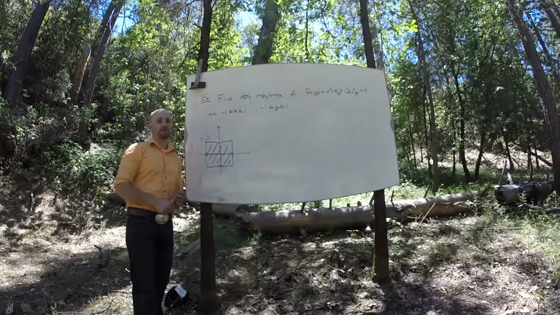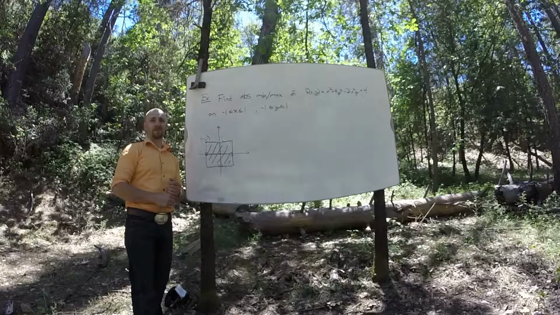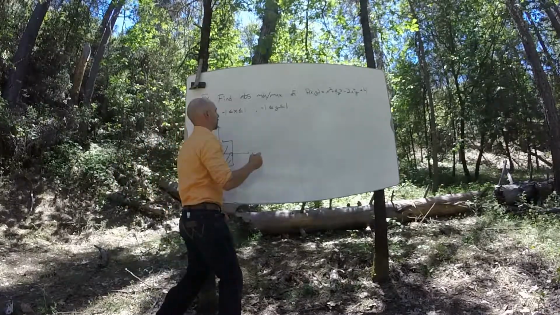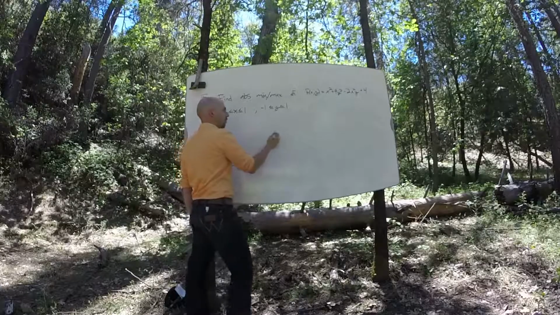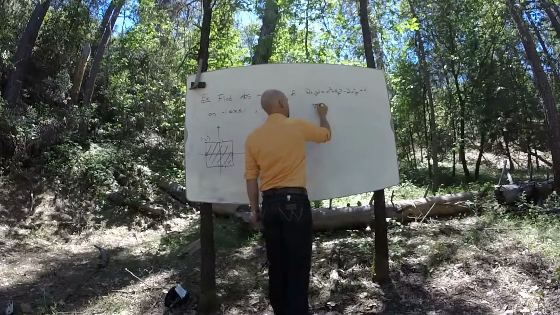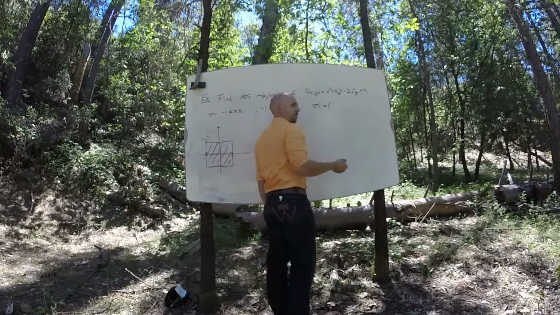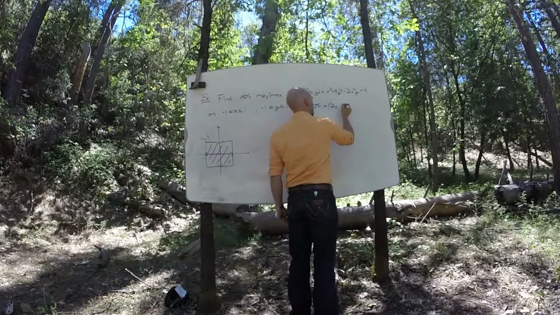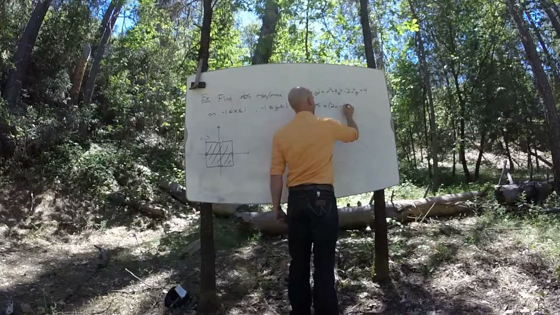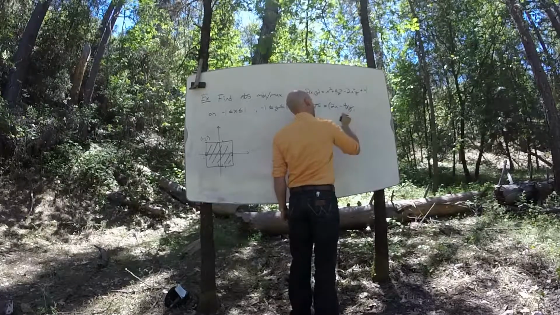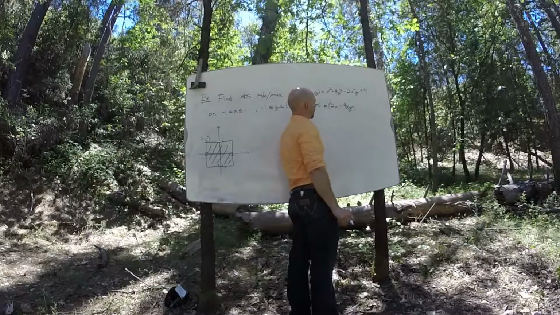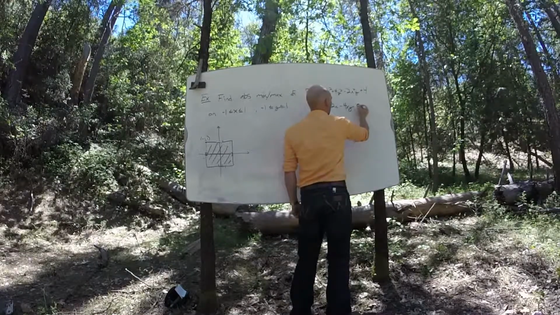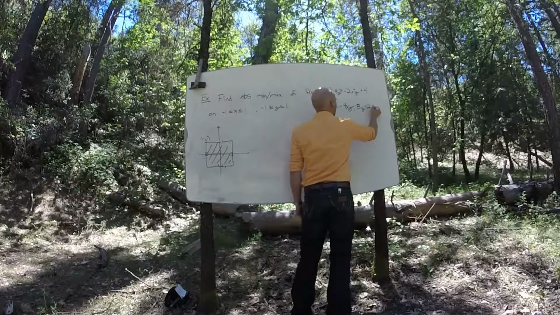So how do I try to find them? Take some partials. Okay, so I want to find out about the gradient of f. So the partials are 2x minus 4xy and 8y minus 2x squared.